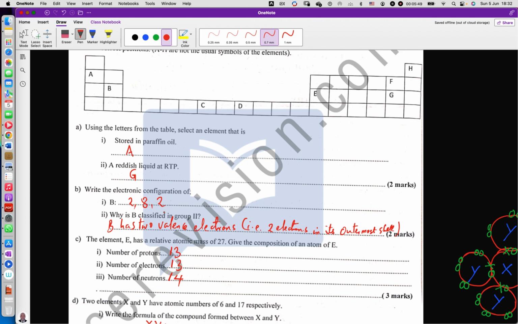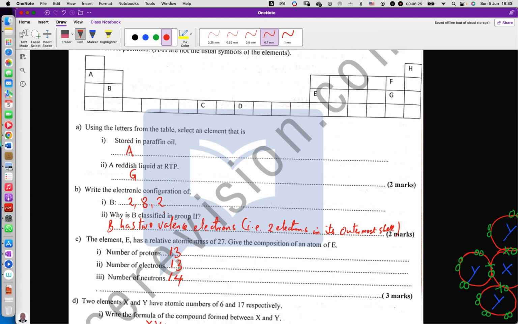You know, elements are classified into groups and periods. Elements in group 1 have only 1 valence electron.